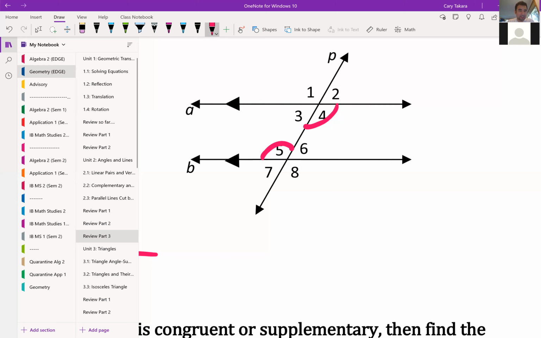Yeah, did you get that? Okay, how about 7 and 8? What would you call that? That would be linear pair. Yeah, it's the upside down sunset, right? Linear pair. Okay.